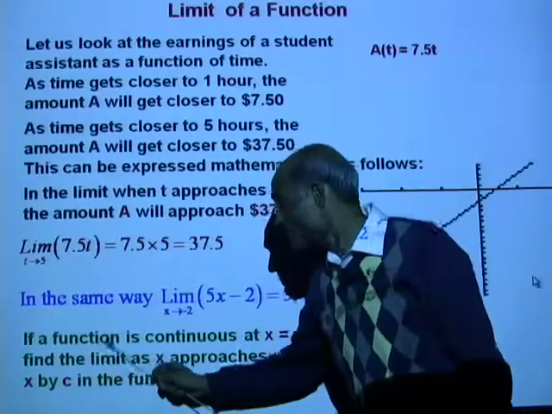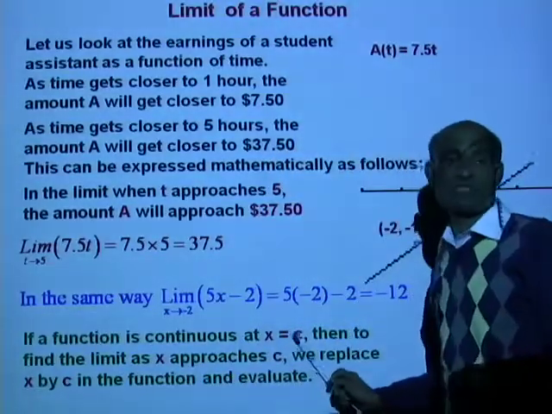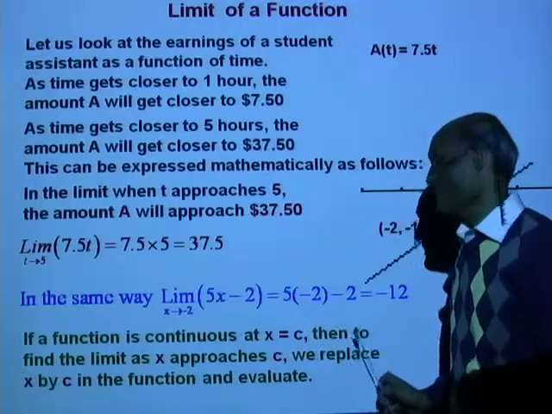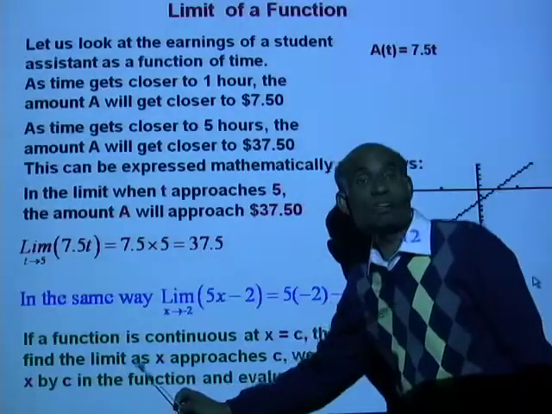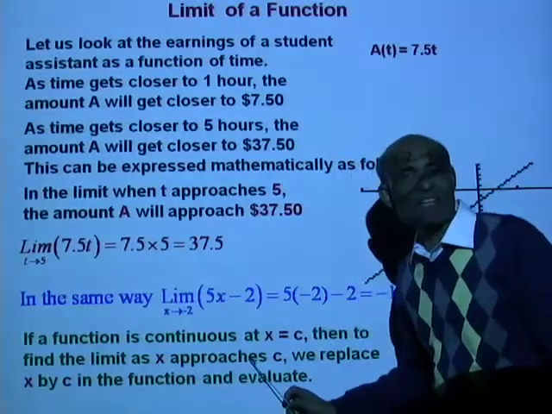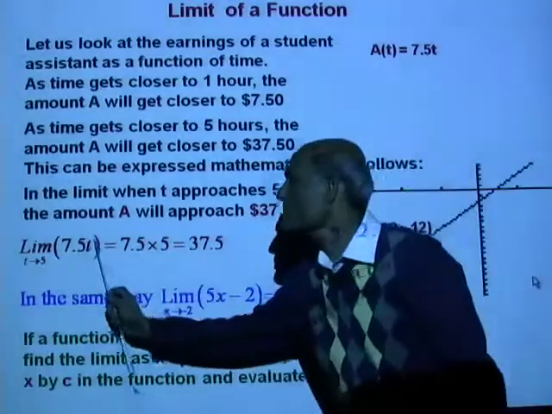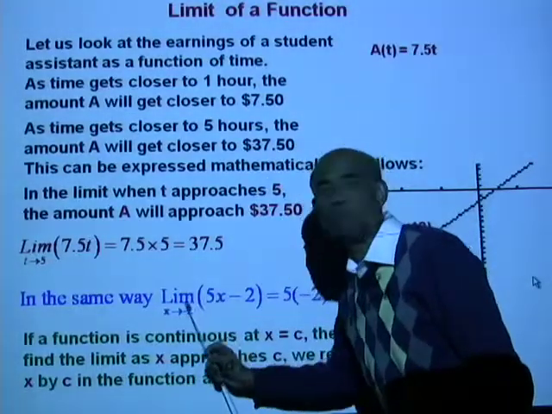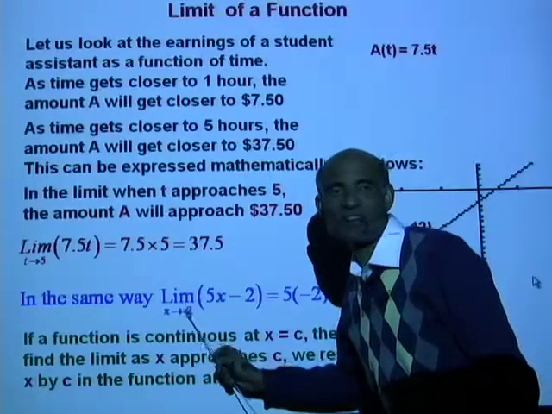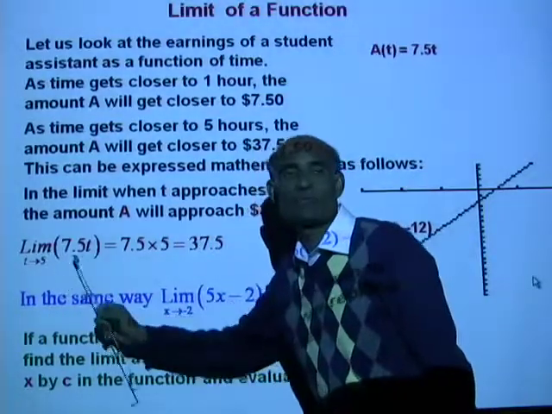So if the function is continuous at x equal to c, then to find the limit as x approaches c, we simply replace the x value by the c value. This is the c value here. This is the c value there.